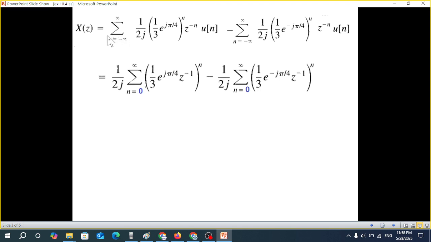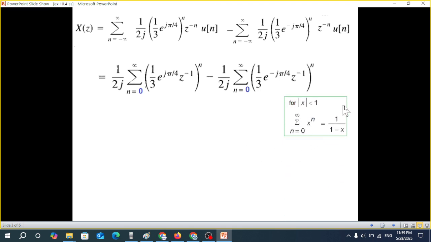That is why we are changing the infinity limit: from minus infinity to 0, u[n] is 0, so the whole signal will be 0. So the limit is now starting from n equal to 0 to infinity, and the u[n] is removed.